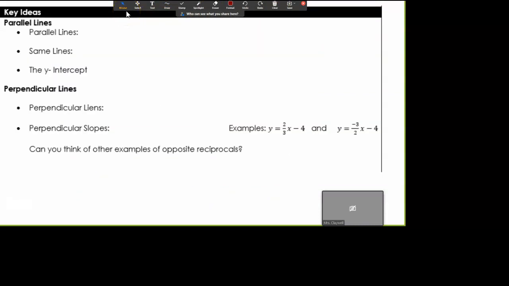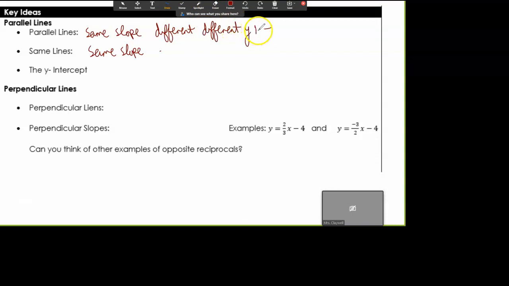So this leads to the definition of something that's parallel. Parallel lines have the same slope and different y-intercepts.